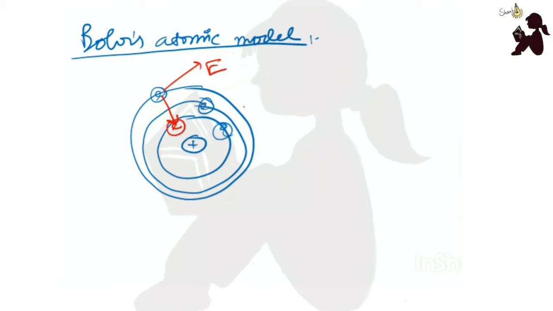And if it has to go outside, like this electron wants to go to the outer orbit, it has to absorb energy. So in the third postulate he said that if an electron wants to go from a higher energy state to a lower energy state, it has to emit energy, or if it wants to go from a lower energy state to a higher energy state, it has to absorb energy.